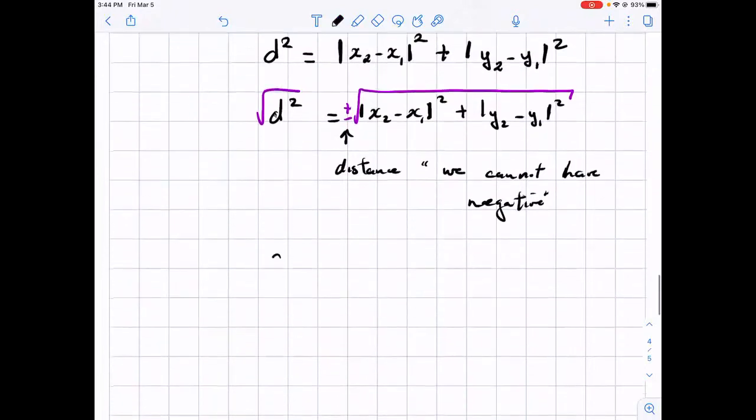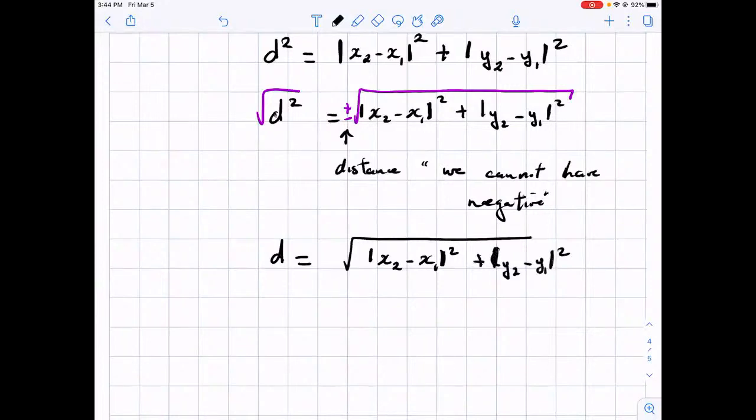So we have d is equal to the square root of the absolute value of x2 minus x1 squared plus y2 minus y1 squared.